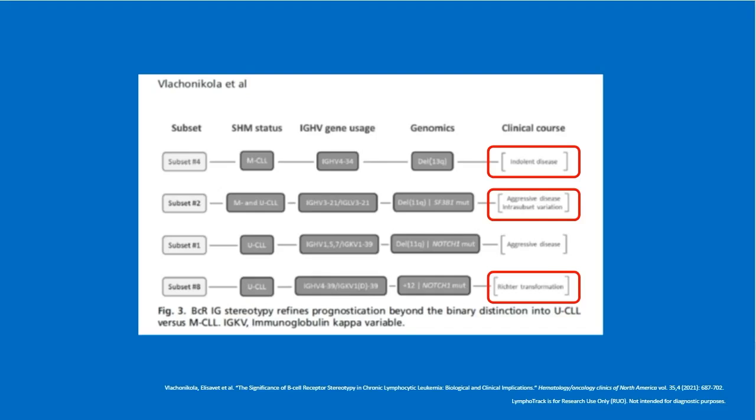Obviously, there are other genetic factors that also play into this, in addition to the different stereotype, especially NOTCH1. But this subtyping, along with other genetic features, has very good predictive and other utility.